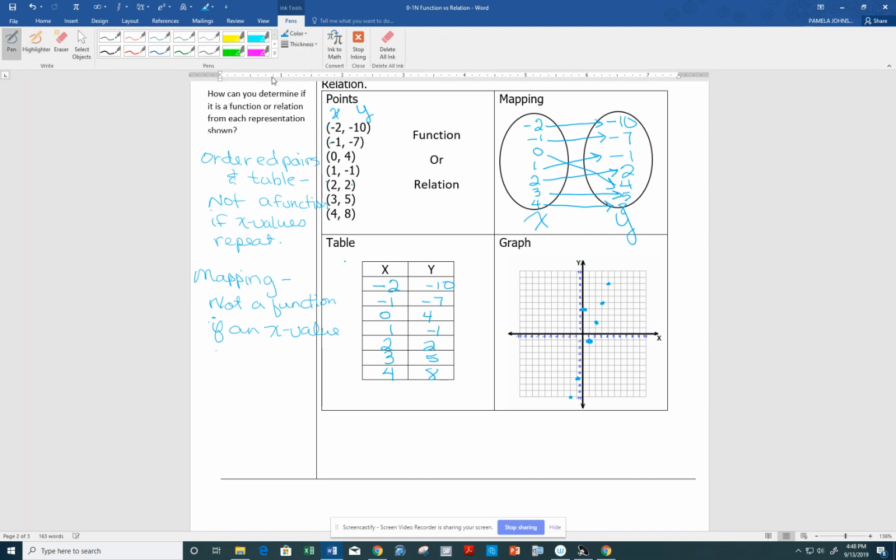Oh, I hit highlighter. Okay, and then a graph, not a function if it does not pass the vertical line test.